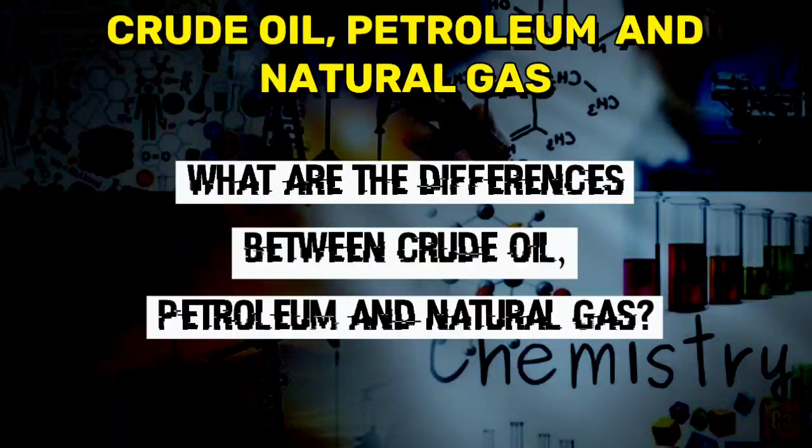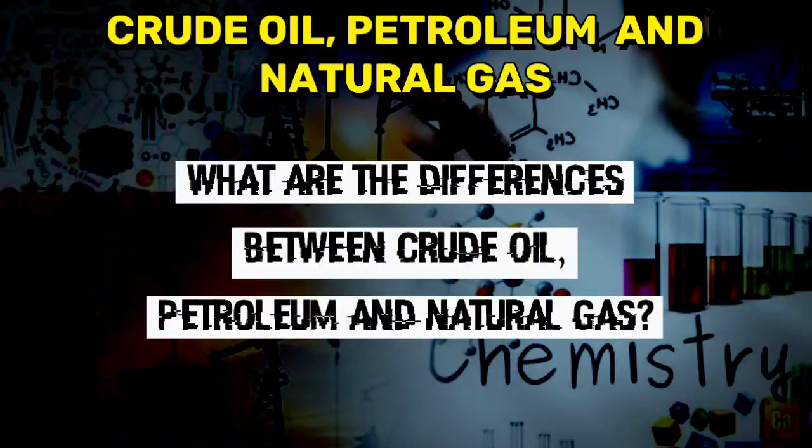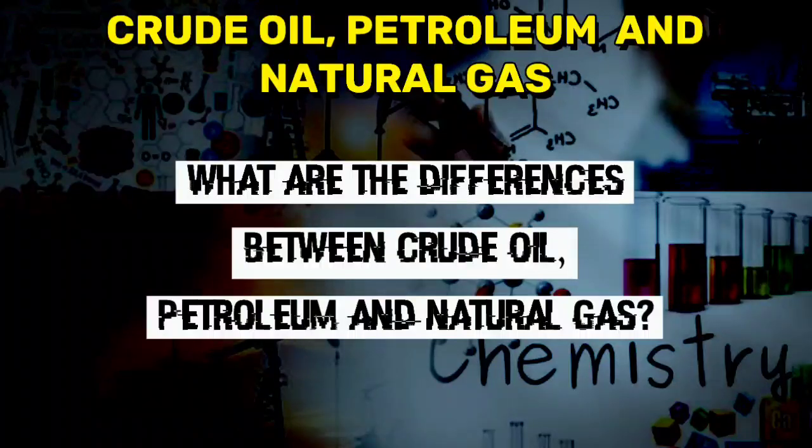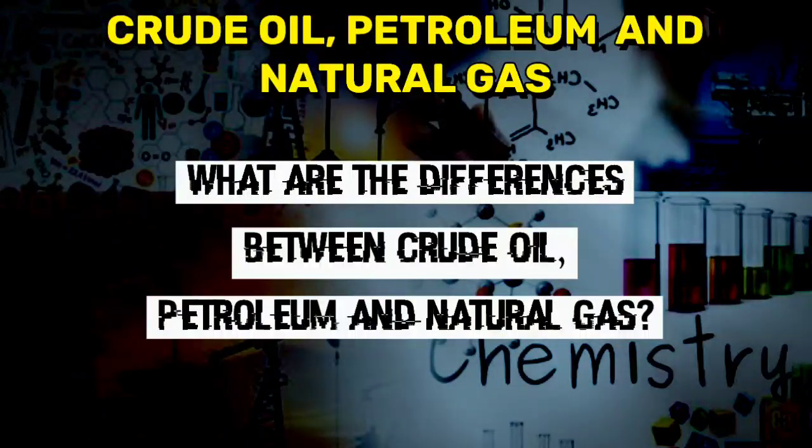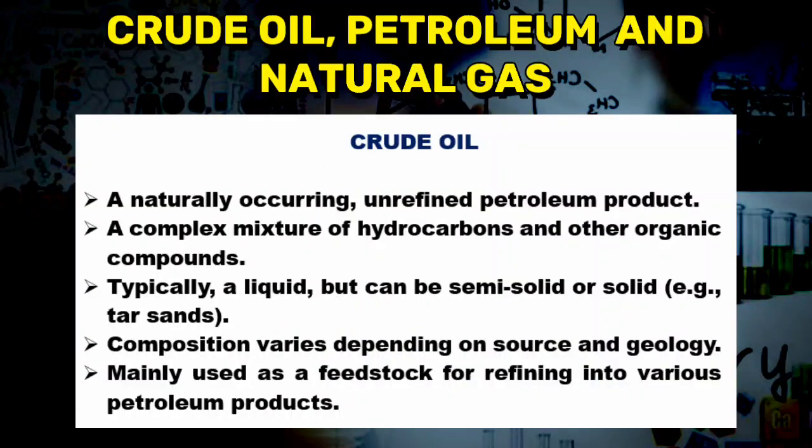Before we proceed, let's get to know the differences between crude oil, petroleum, and natural gas. Crude oil is a naturally occurring, unrefined petroleum product. It is a complex mixture of hydrocarbons and other organic compounds.